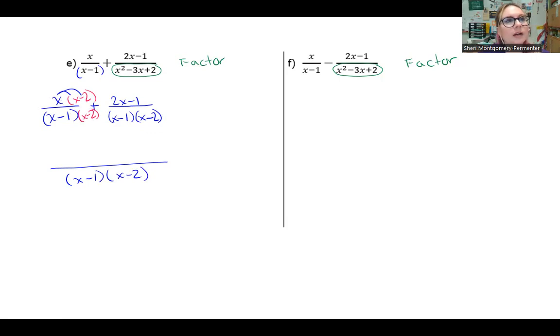In the numerator, I have x times x is x squared. X times negative 2 is negative 2x, plus 2x minus 1.